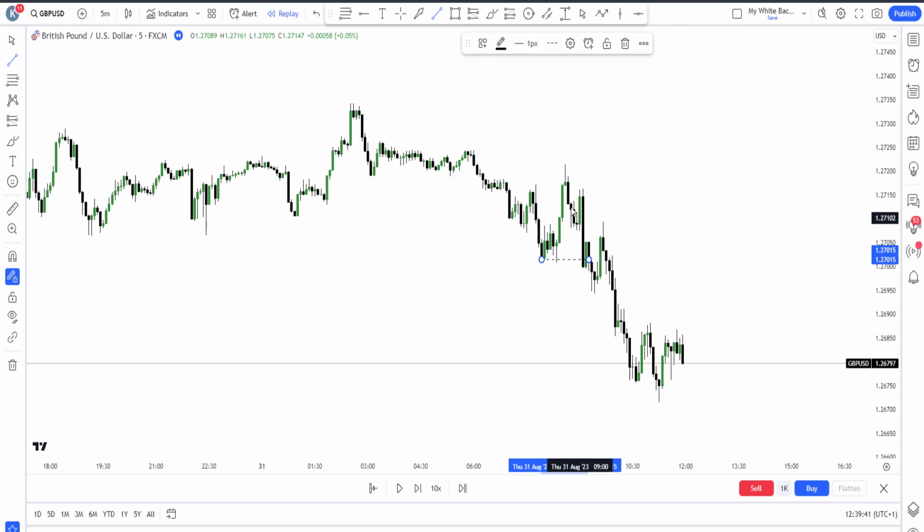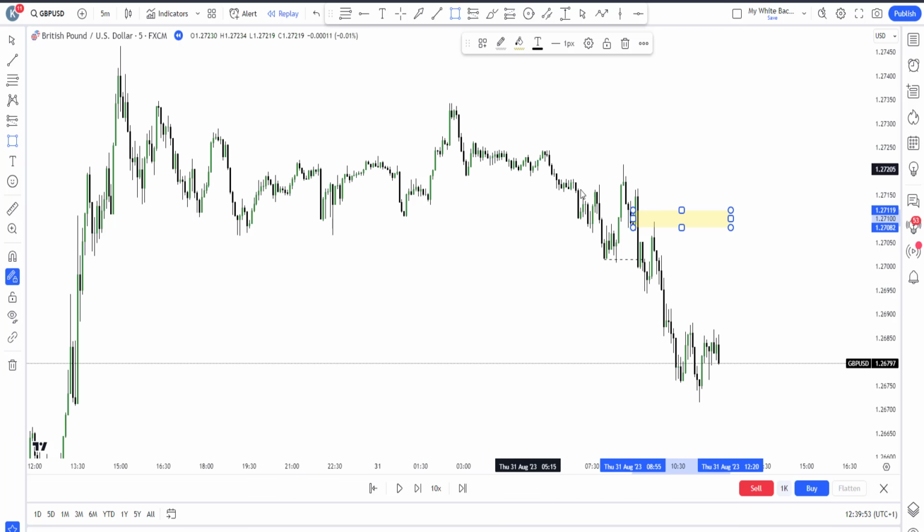Then price coming back to this mitigation block right there, and then you can take it from here. And this is even a very small risk to reward. The risk is very small because your stop loss is obviously going to be above here. That's about 10 pips or thereabout, more than 10 pips rather. Let's see, about 12 pips or thereabout.